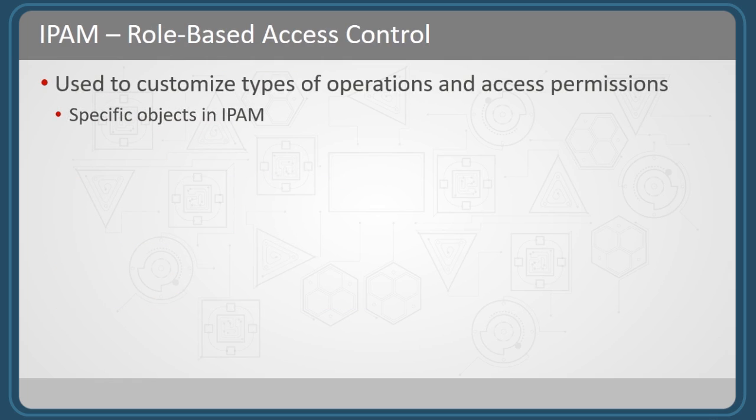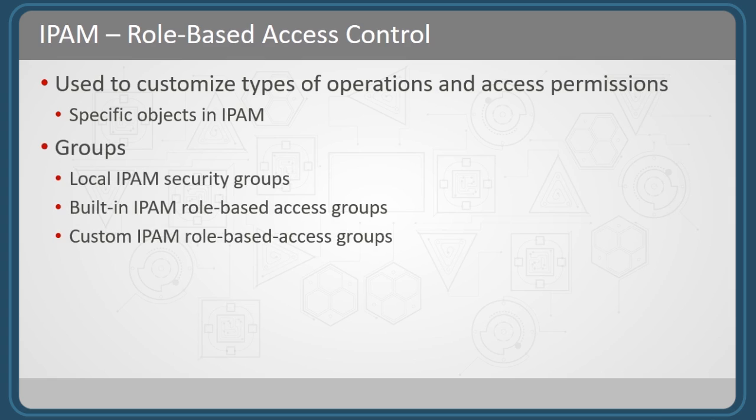Now, it also supports role-based access control. I can use this to customize the types of operations and access permissions with respect to the specific objects in IPAM. There are standard groups, a local IPAM security group, a built-in IPAM role-based access group, and a custom IPAM role-based access group. Simply meaning, like all other role-based access groups, I define the permissions on the group, and then I simply determine which users should be in those groups.